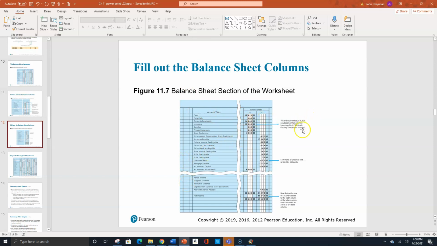Okay, the ending inventory, $18,500, now becomes the beginning inventory of our wholesale clothing on January 1st. And down here is our net income number again that we have to use to get the account in balance, because that actually adjusts your retained earnings when you're doing your actual balance sheet.